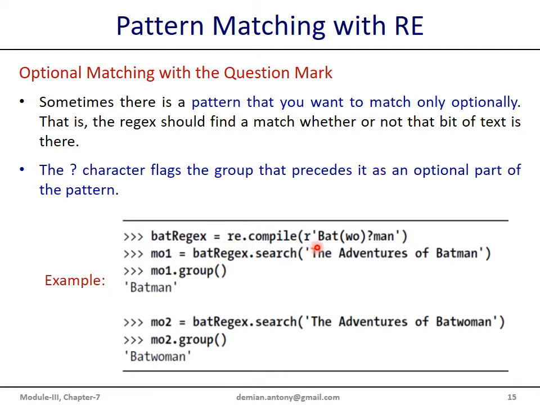Suppose we want to recognize Batman as well as Batwoman, and in both the words woman and man, MAN is common, and this becomes the mandatory pattern, and Bat is also mandatory, and WO is optional. It can be present or you can omit this.